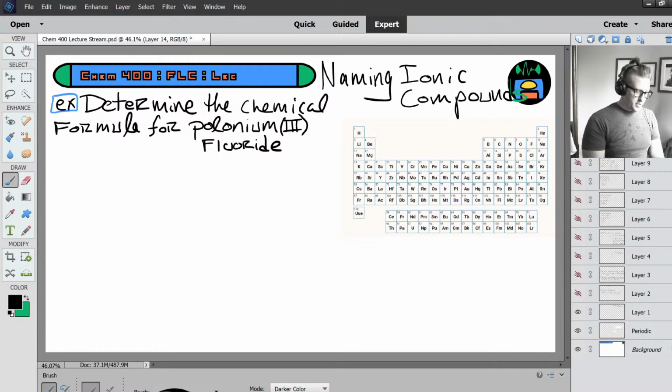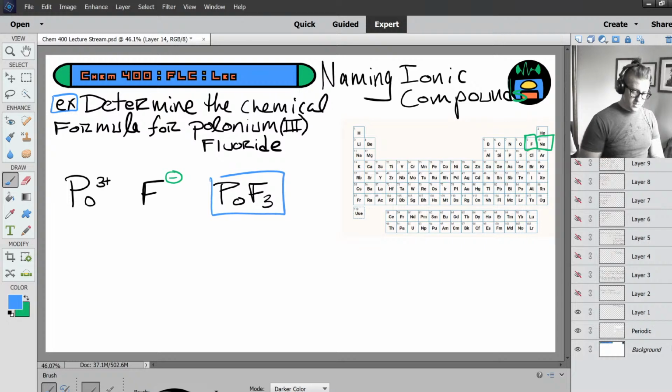All right. So polonium 3 fluoride. Well, we know the charge of polonium because we're told, right? It's got a charge of +3. Fluorine, let's figure out our anionic charge. It has 9 electrons. It wants to gain 1 to be like neon. So it'll have a charge of -1. So we're going to need 3 fluorides to balance with our charge for our cation.